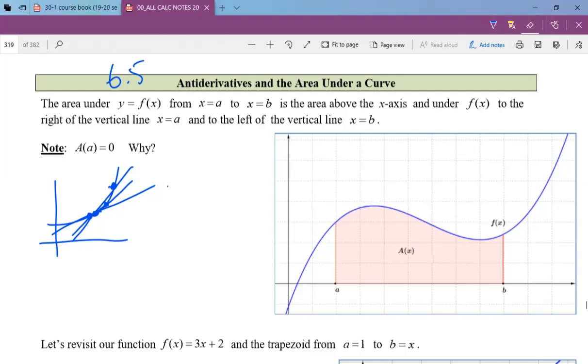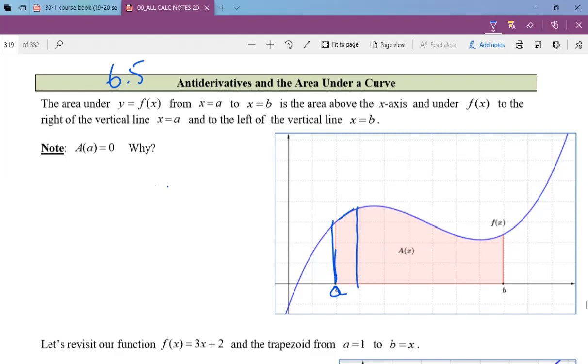One of the things that we missed from the 6.4 that we're skipping over is that Riemann sum ends up being, well, if I take this as an area, and I take this area under the curve, this shaded A of x, and I should say that we're going to start from point A on the left to some point B on the right.